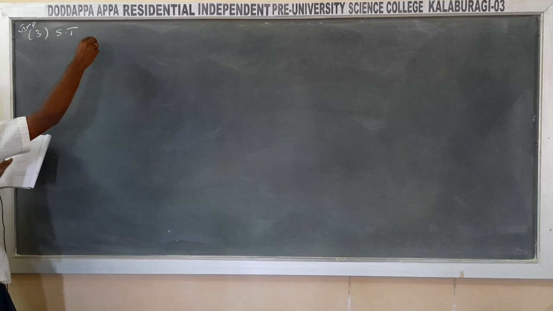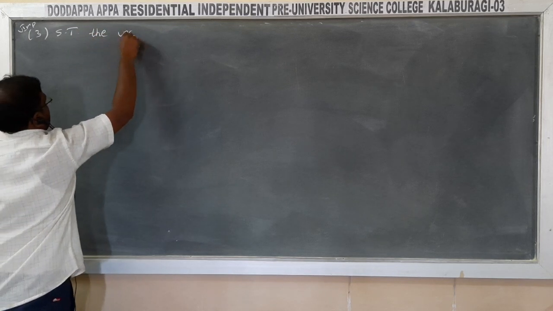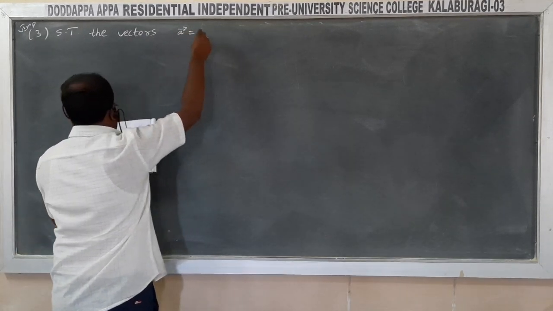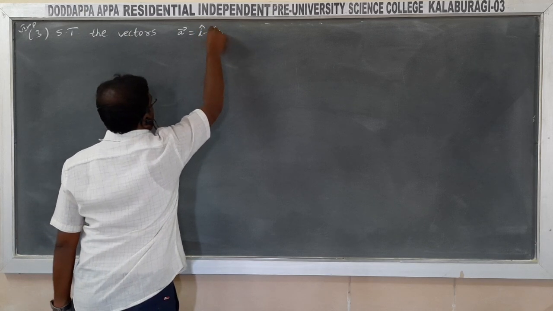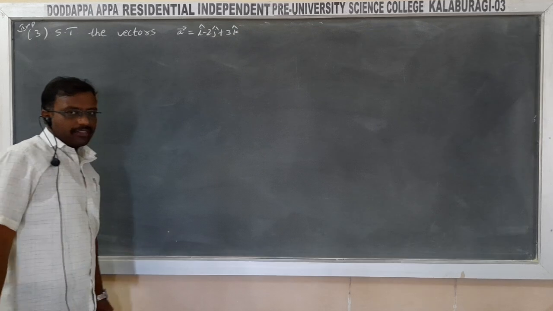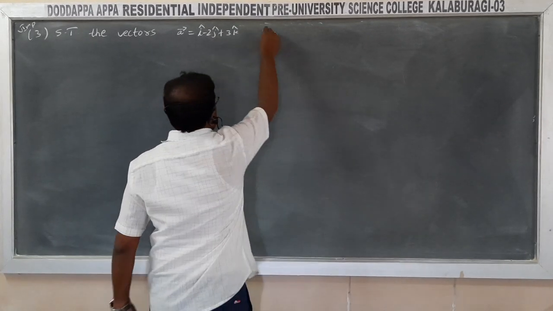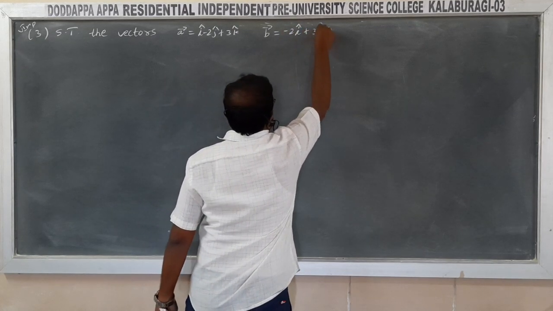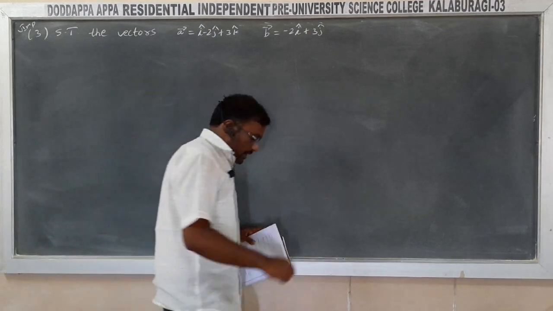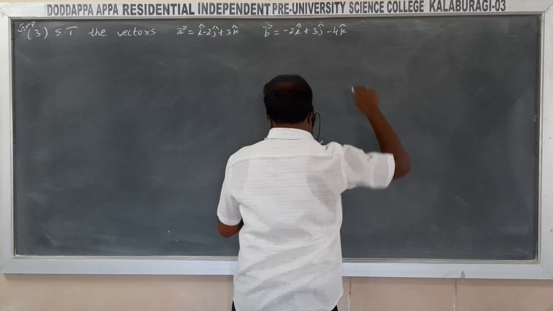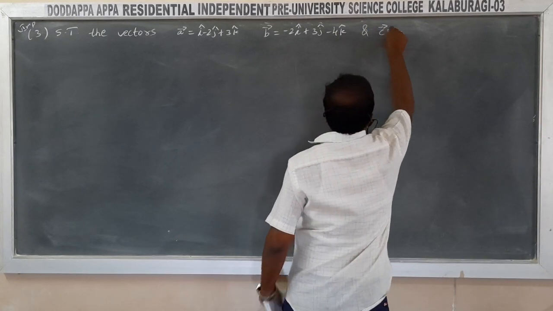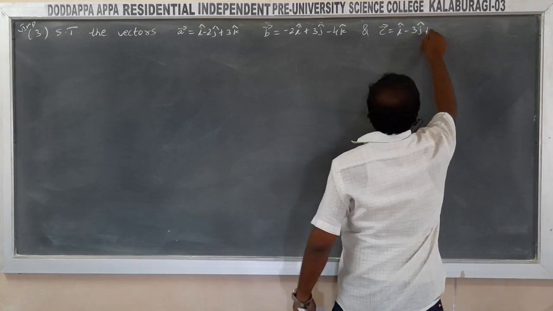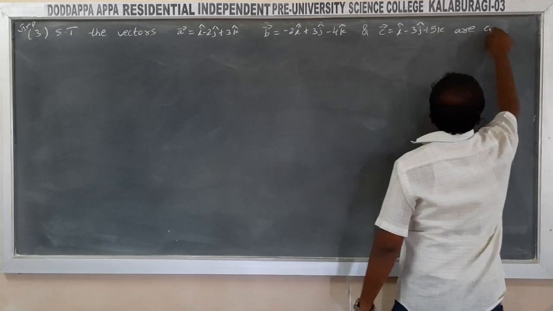Show that the vectors A equal to I minus 2j plus 3k, vector B equal to minus 2i plus 3j minus 4k, and vector C is equal to I minus 3j plus 5k are coplanar.